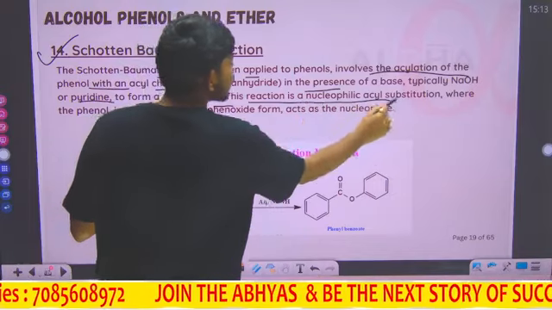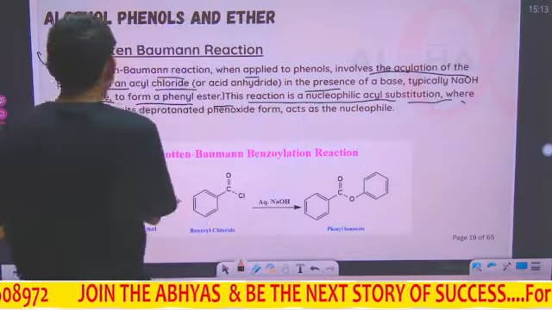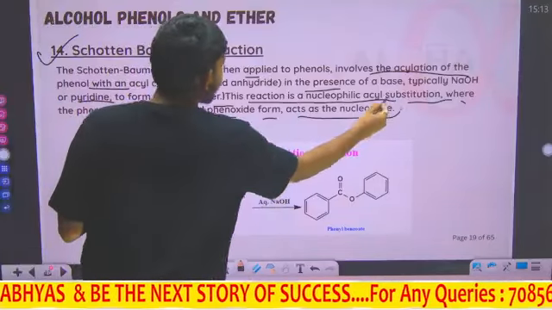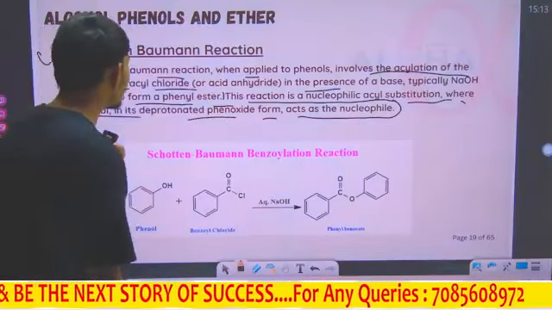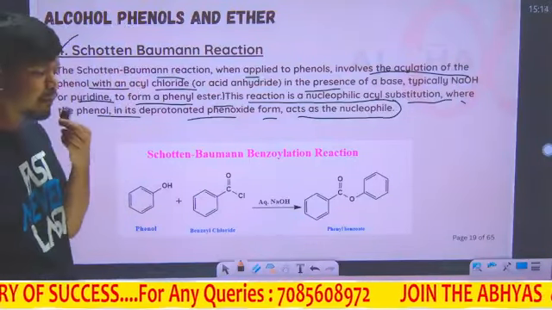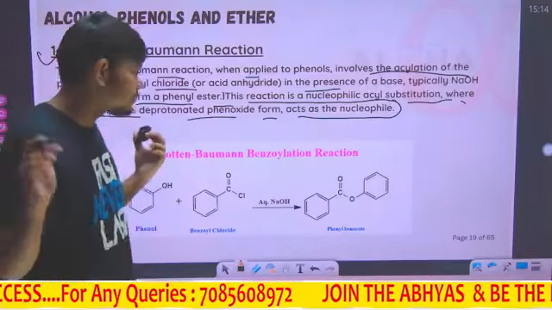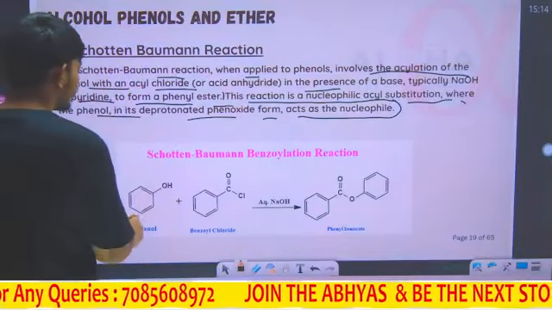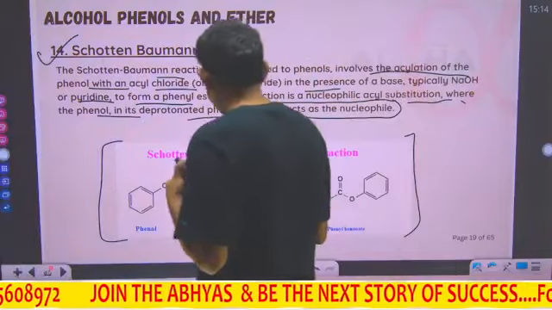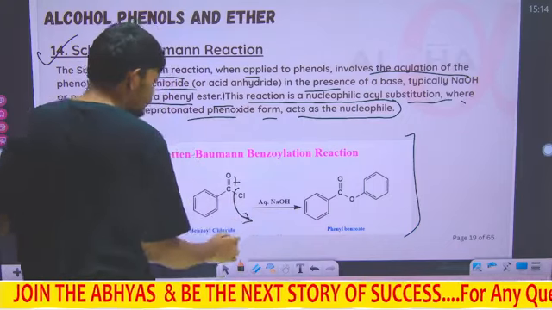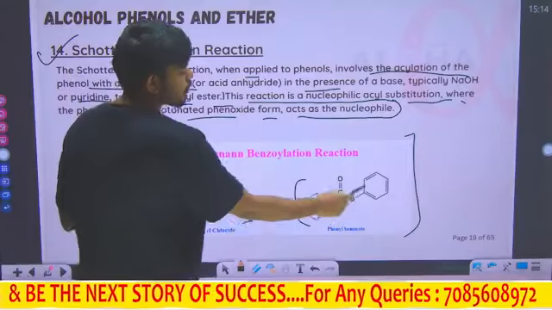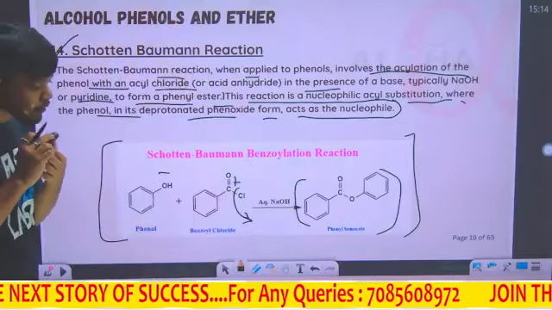This reaction is nucleophilic acyl substitution, where the phenol in its deprotonated phenoxide form acts as the nucleophile. So what acts as a nucleophile? Deprotonated phenoxide form. I'm not going into the mechanism because the lecture will become like 3-4 hours. Just see here, this is your phenol group, this is your acyl group. Cl leaves, it obtains plus charge, O minus, then plus will attract minus, and this compound will be formed. This is your phenyl benzoate.